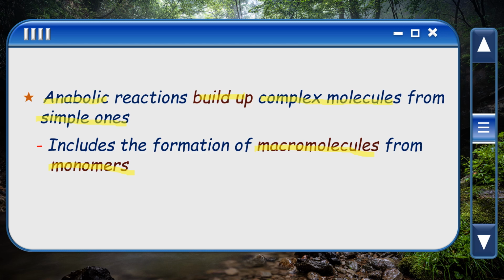The smaller molecules are the ones we call monomers, and the bigger molecules are the macromolecules. So in terms of proteins, amino acids are the monomers and proteins are the macromolecules.